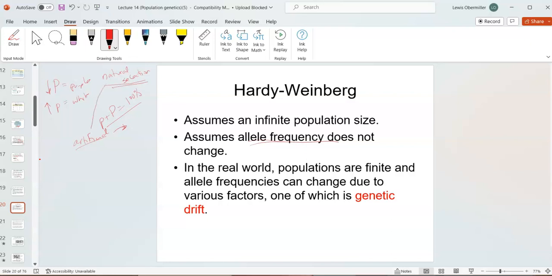So there's natural and artificial selection. They're both selective things. They put pressure on, we're selectively breeding things. So it's not random mating. It's not a finite population. So we get changes in allele frequencies from that.